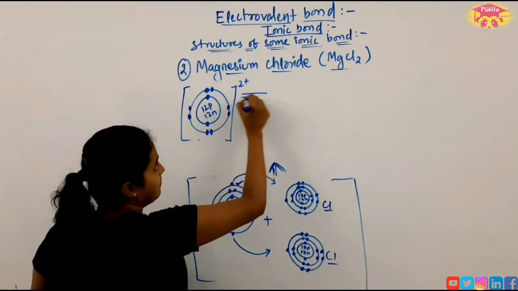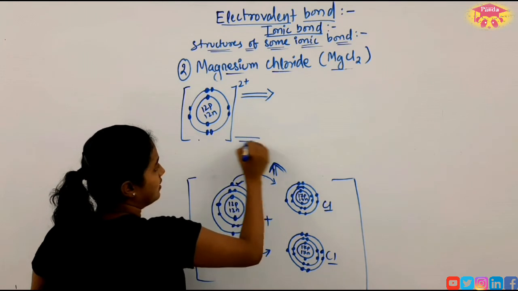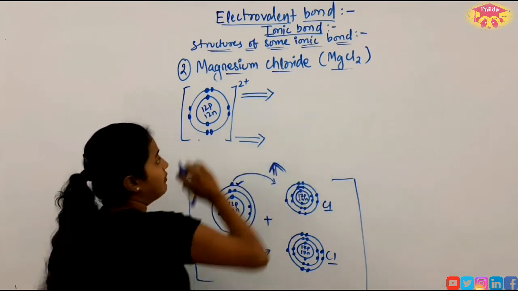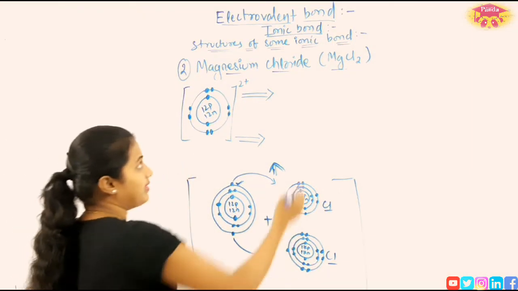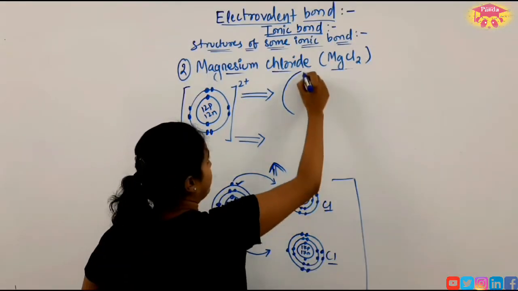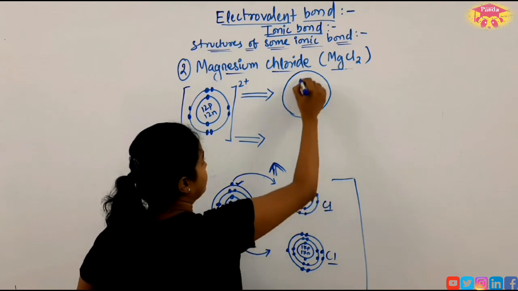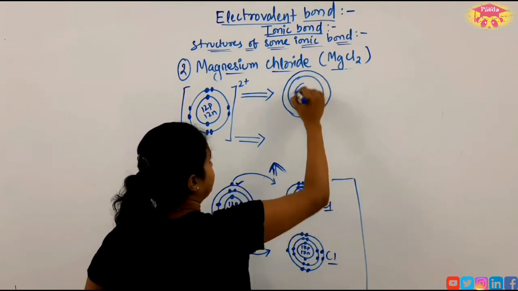Now this first electron is donated to one chlorine atom, and we know that the cation is smaller than the anion, right? To draw a big structure over here.